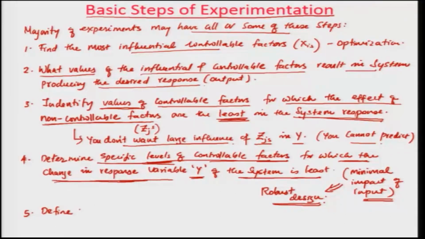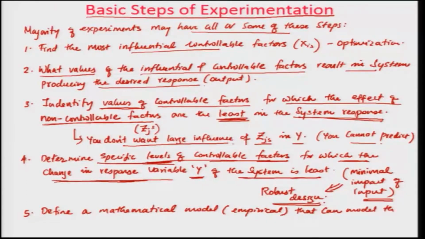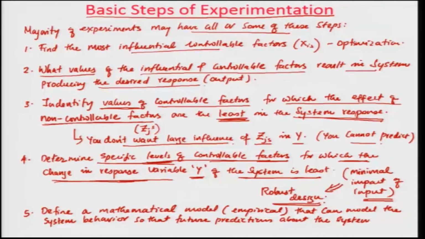Define a mathematical model, which we say is empirical, a mathematical model that can model the system behavior, so that future predictions about the system under similar conditions is possible.